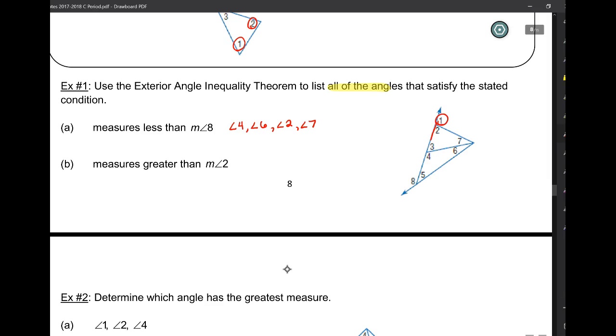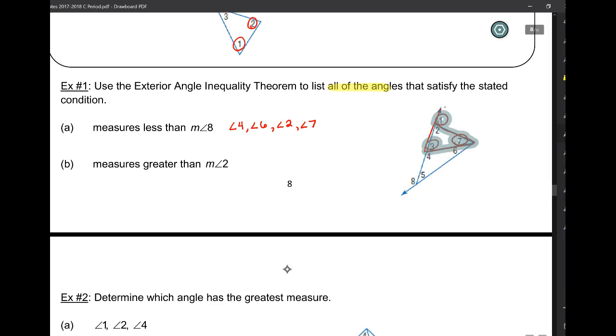If I look at the big triangle, it's going to be this one and this one, and if I look at the small triangle, it's going to be this one and this one. No part of that included angle 4.